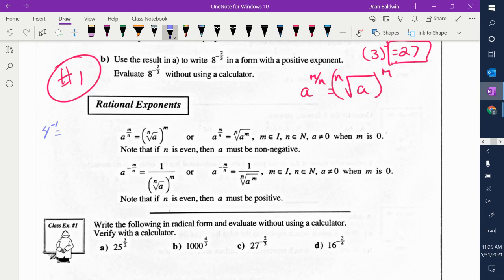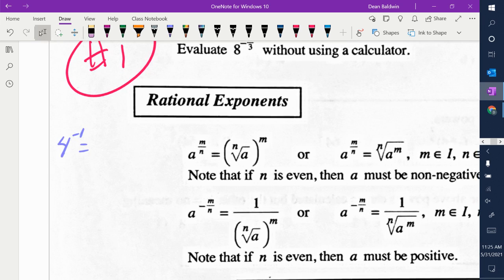So, if I have, let's just look at 4 to the negative 1 that I wrote up in the corner here. Is that the same as this? Same value. Is that the same? Yes, because 0 minus 1 is negative 1.